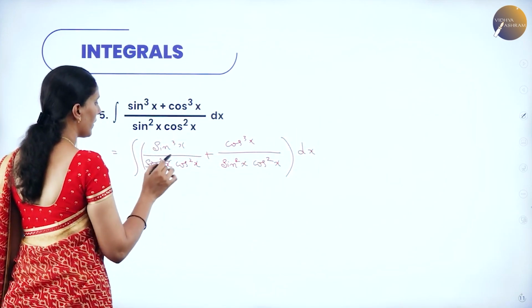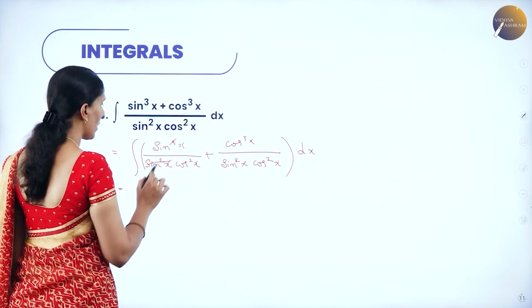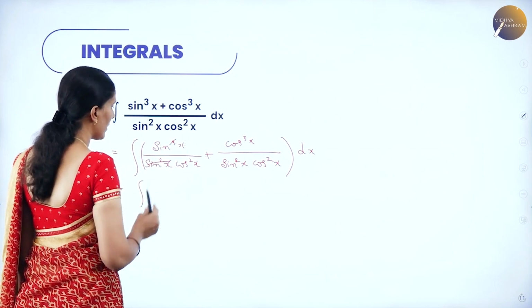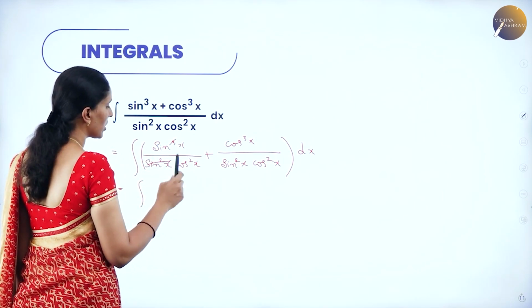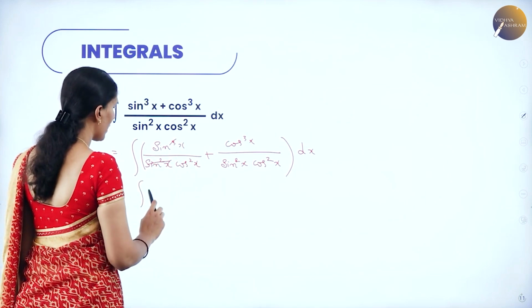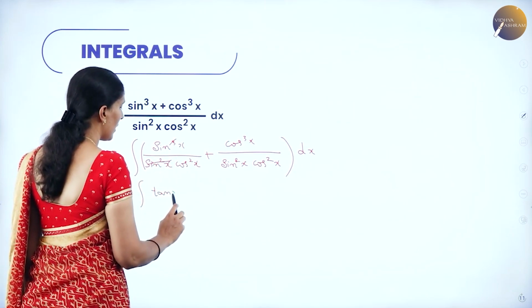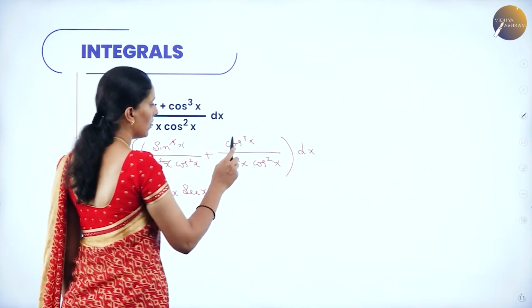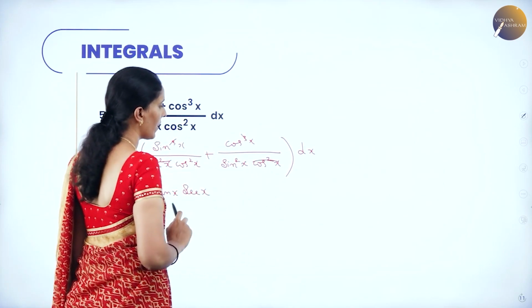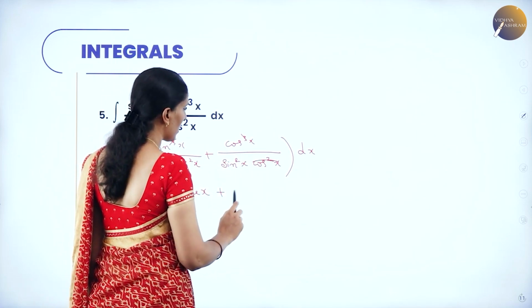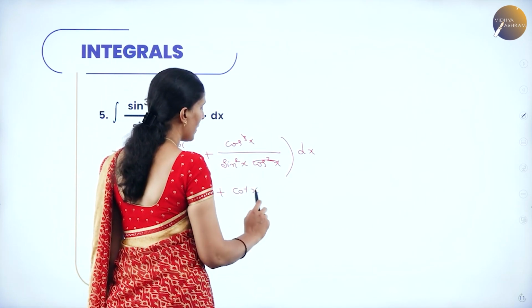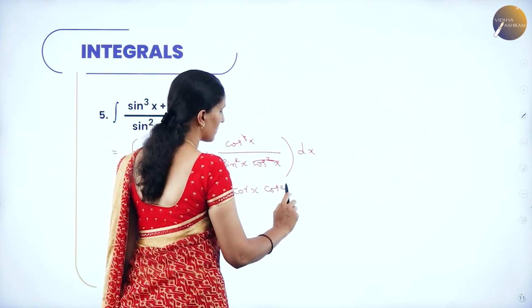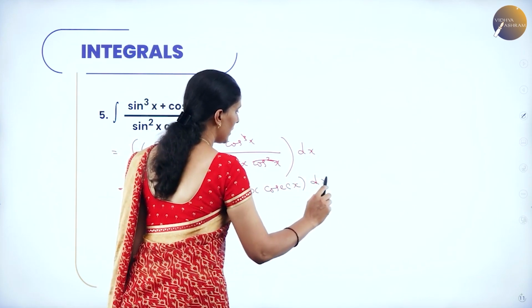So here sin square x cancels. So I'll get sin x by cos square x. So cos square can be written as cos into cos. Sin by cos becomes tan x and 1 by cos becomes secant x. And here cos square x cancels. So cos by sin becomes cot x and 1 by sin is cosecant x into dx.